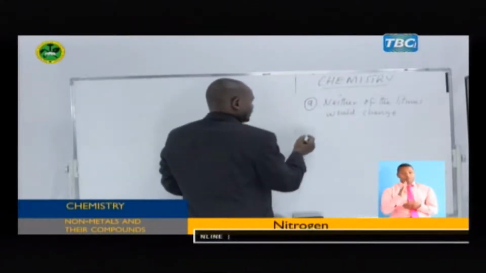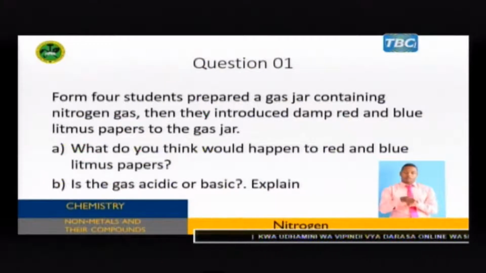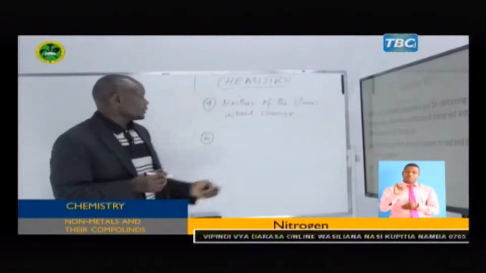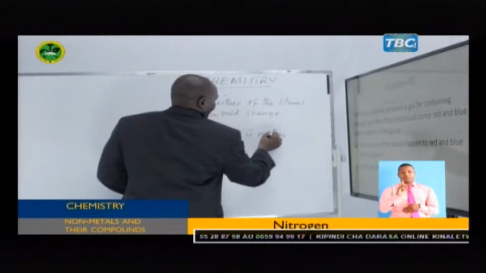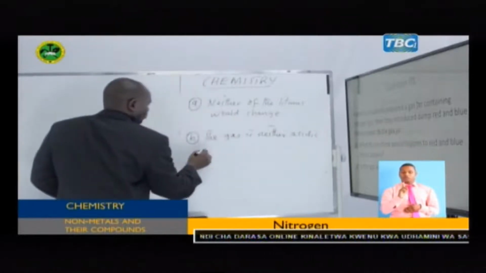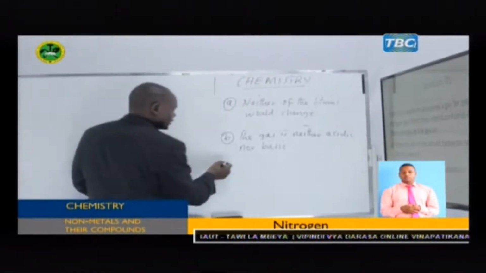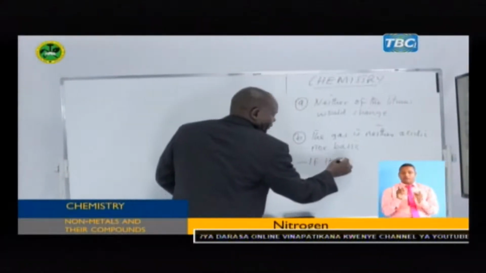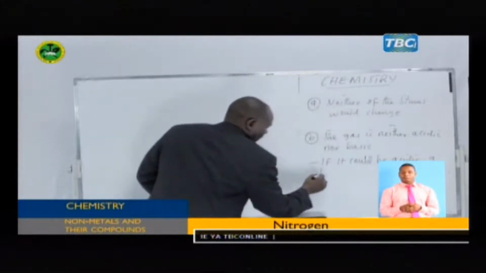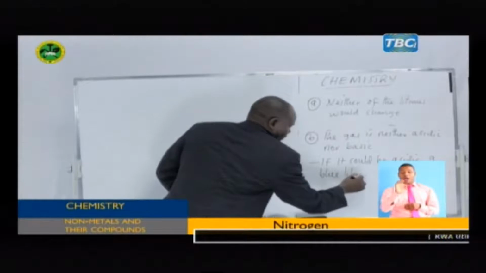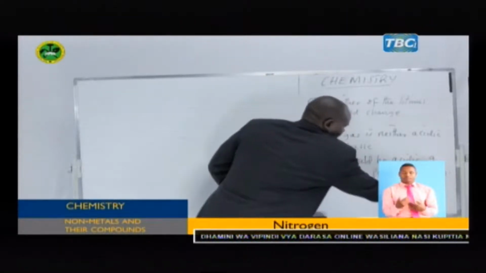In part B, we have been asked to explain whether the gas is acidic or basic. Here we say that the gas is neither acidic nor basic. Then you are asked to explain. How do you explain it? You can just say that if it could be acidic, a blue litmus paper could turn red.